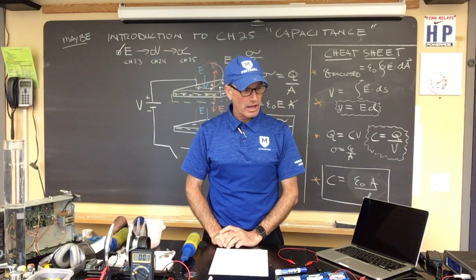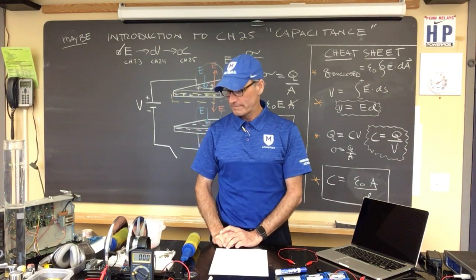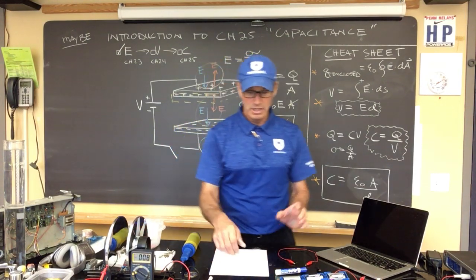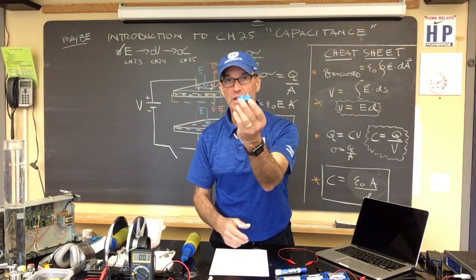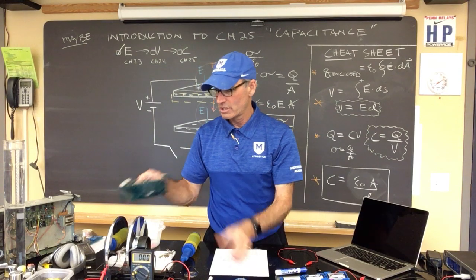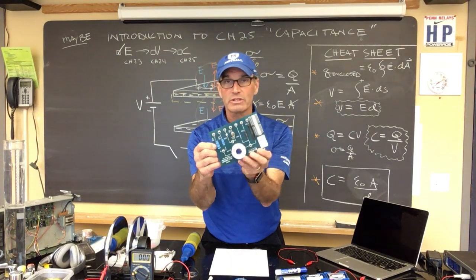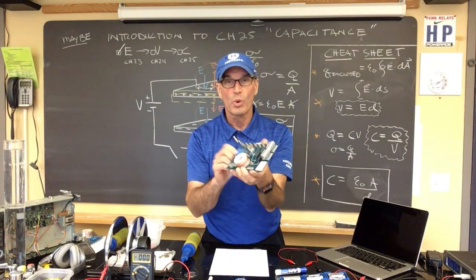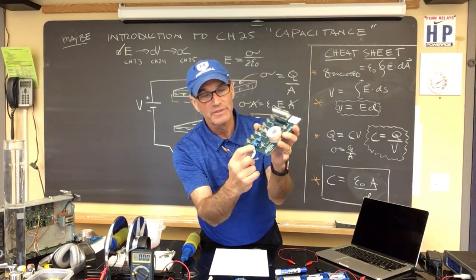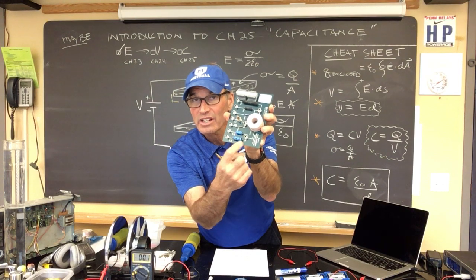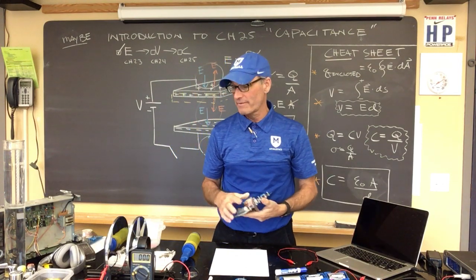So as analogies go, let's first, I'm going to say here's a capacitor. See that? It's a 1 farad capacitor. Here's a capacitor on this board, mostly open circuit. We haven't connected anything, but we've got a lot of components. If you see that cylinder there, that's a 330 microfarad capacitor.